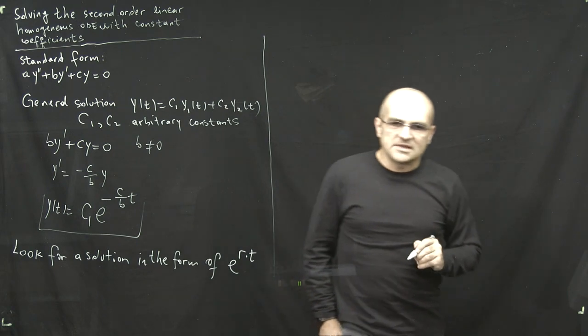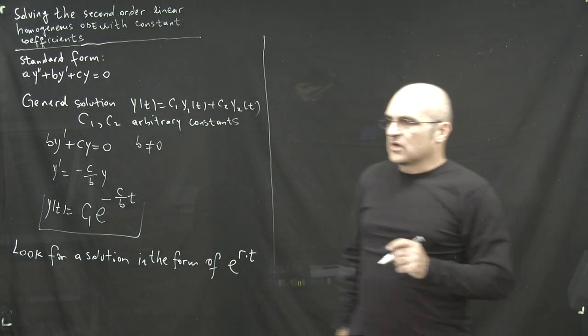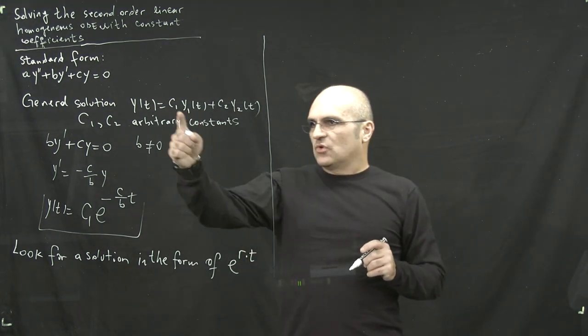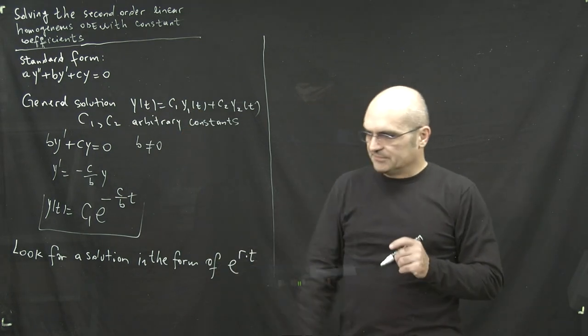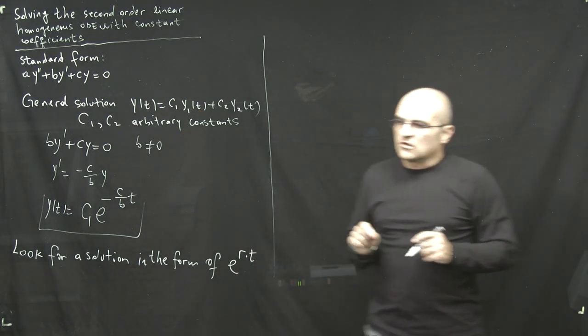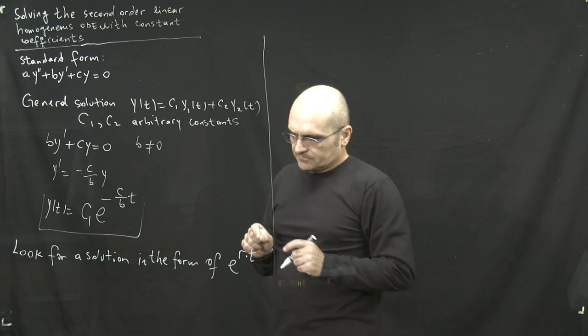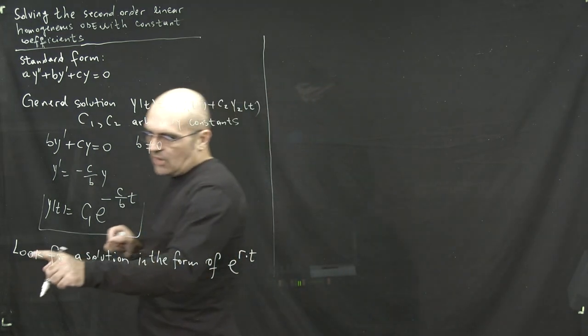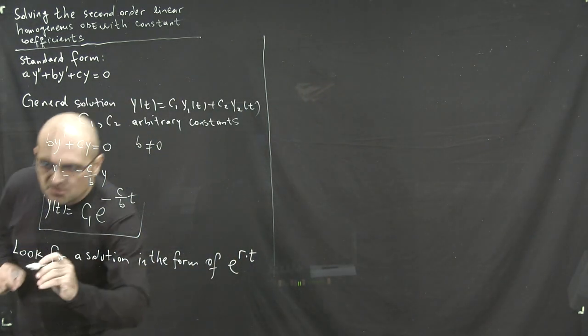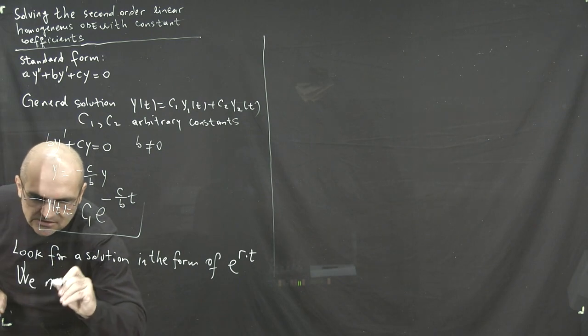That r will be a constant to be determined. And of course, in the actual solution, you'll have an arbitrary constant times e to the rt. But because this is to solve a second order ODE, remember, not only do we want to look for a solution in that form, but crucially, we need two of them.